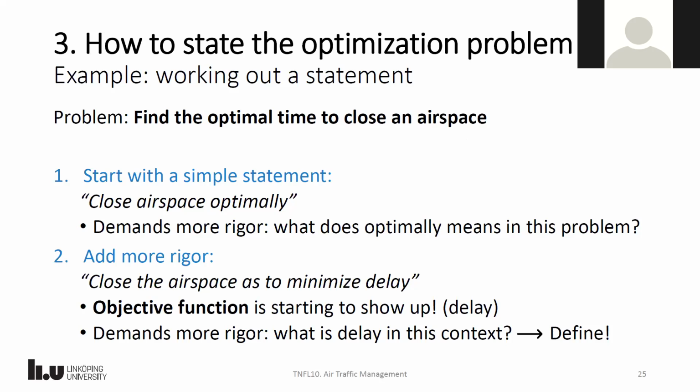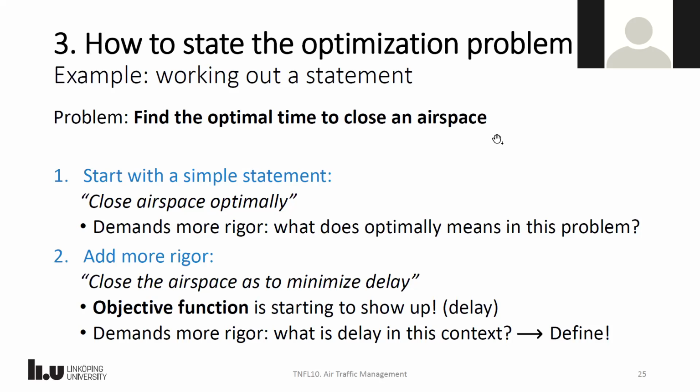And we are trying to decide what's the optimal time for this airspace to be closed. So we're going to decide when we're going to close this airspace in order to maximize some benefits or minimize some cost. And we're going to try to define and state our optimization problem.